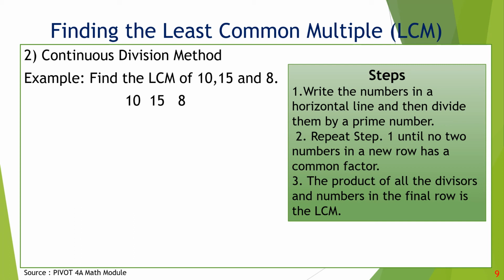So yung 10, 15, and 8, since lahat ay hindi divisible by 2, so ang gagawin natin, diretso pa rin yung pag-divide. So 10 divided by 2 is equal to 5. And since ang 15 ay hindi siya divisible by 2, as is po siya. Kokopyahin lang po natin siya sa baba. Then 8 divided by 2 is equal to 4.